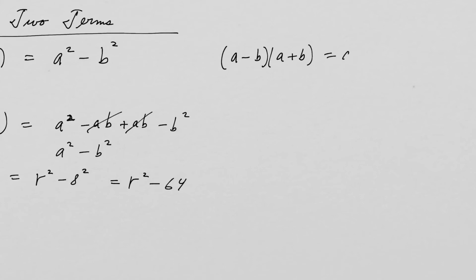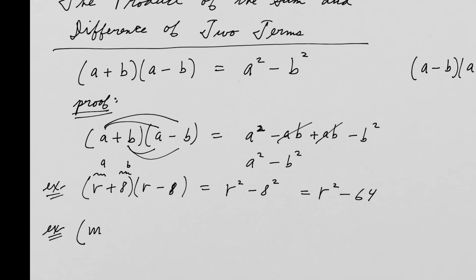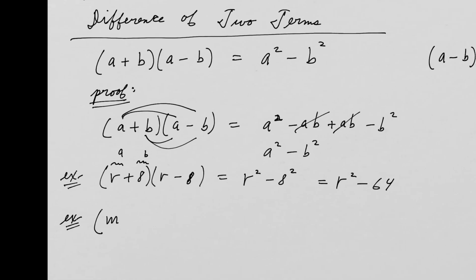Right? It's the same exact thing. It's still going to equal a squared minus b squared. The order of these two factors in front doesn't matter. Okay? So in this case, it's still the product of a sum and a difference. Just happens the difference appears first and then the sum after.